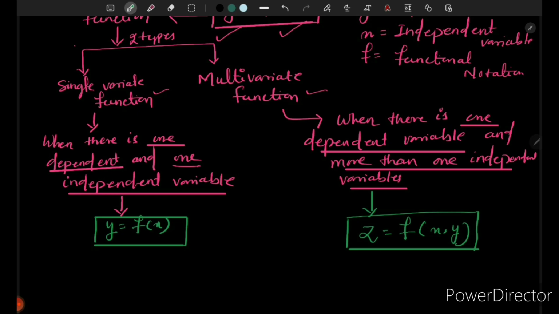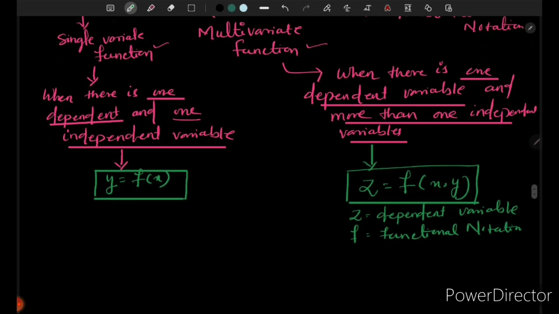So here you all can say z equals to dependent variable, f a functional notation, x and y both are independent variables.